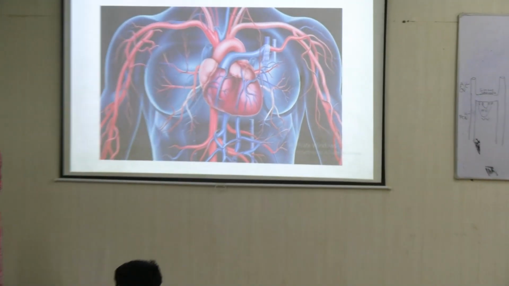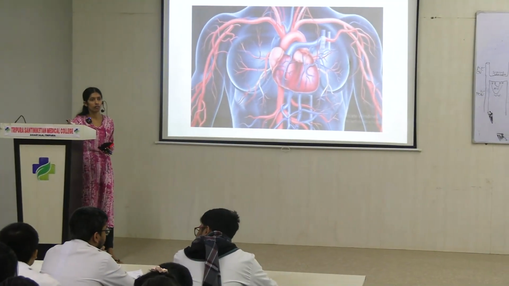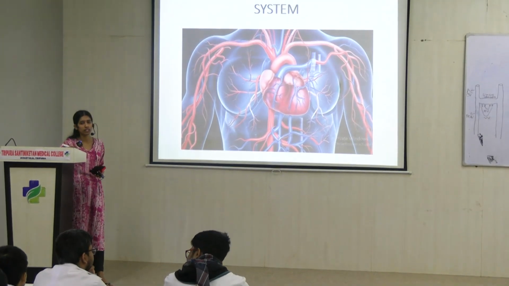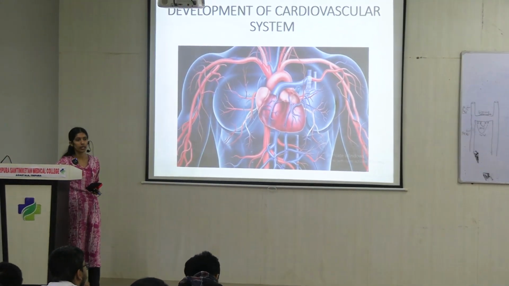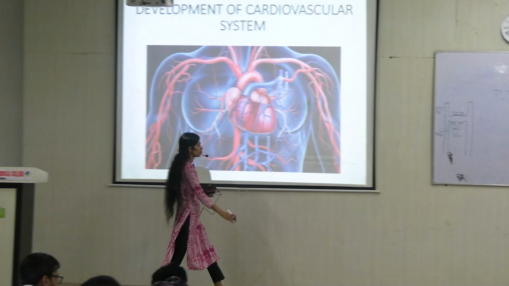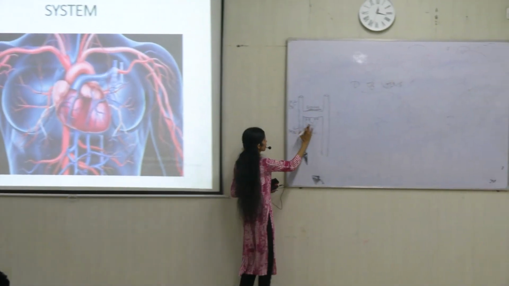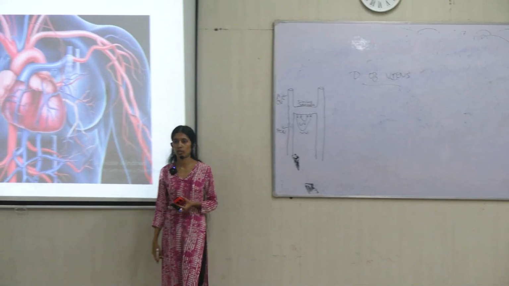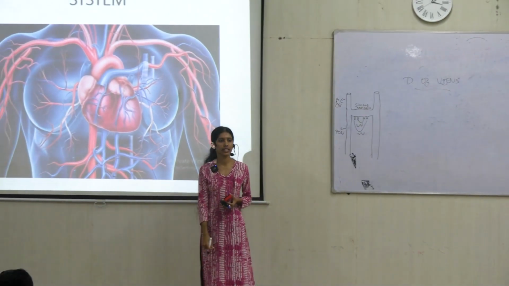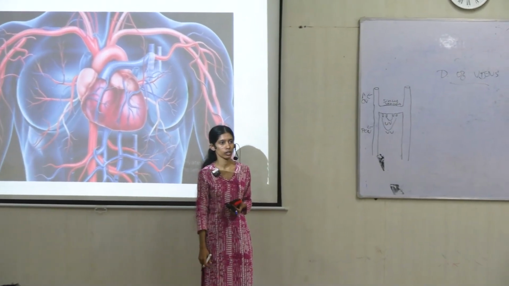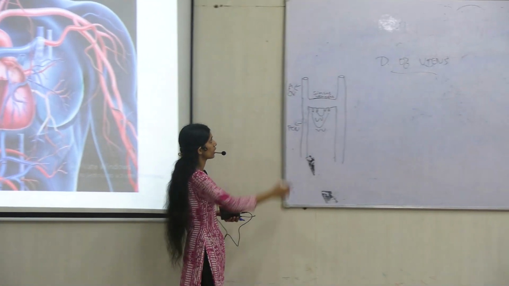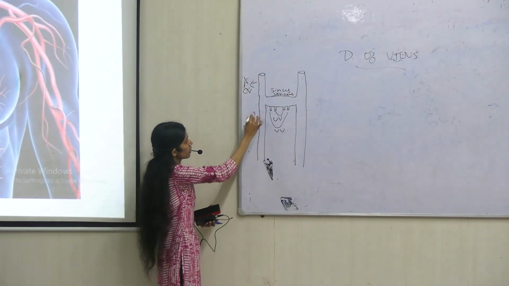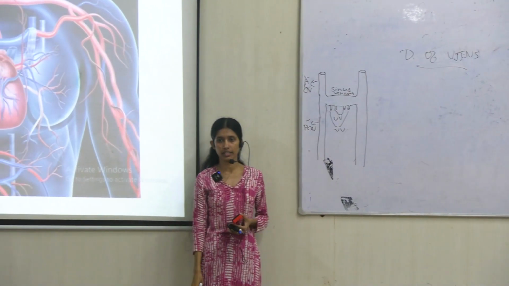It has three sets of veins draining into it. From medial to lateral, it is umbilical vein followed by Vitelline vein. Then the common cardinal vein. Common cardinal vein is the union of anterior cardinal vein and posterior cardinal vein.